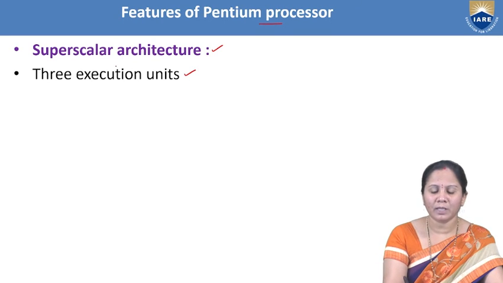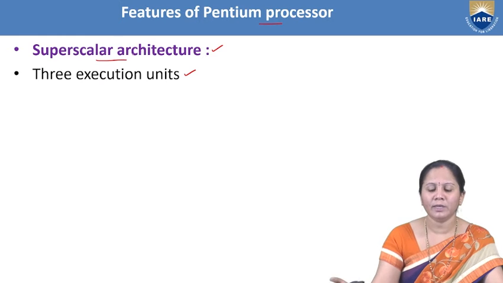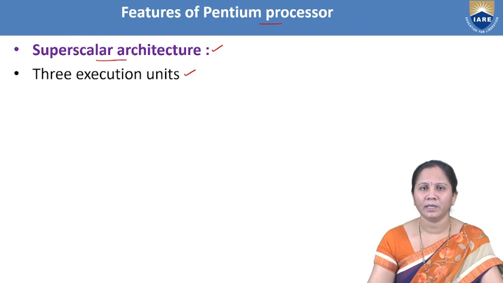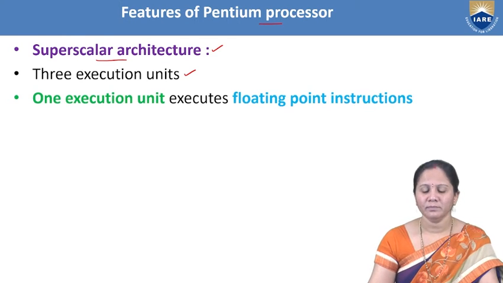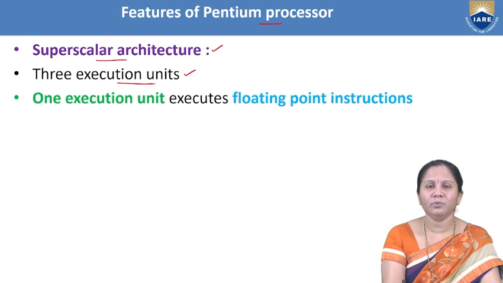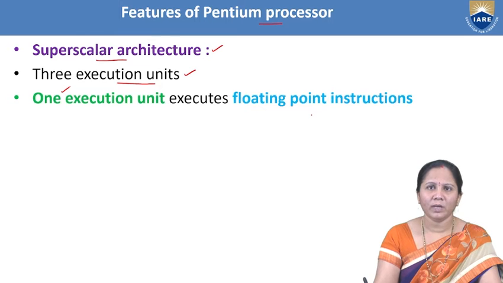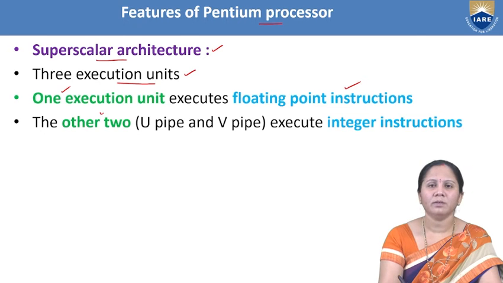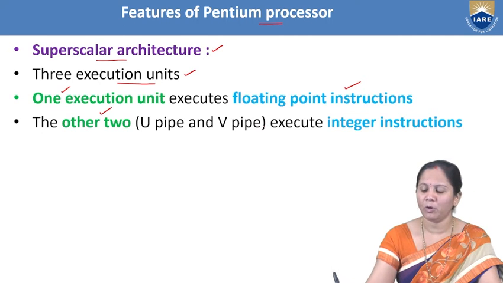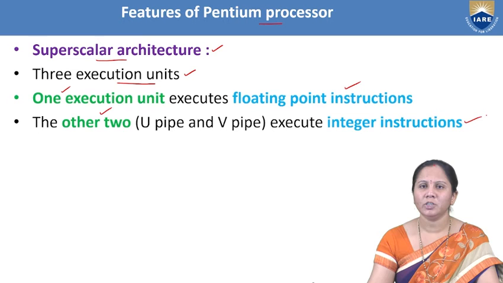That is why, from the architecture point of view, we call it a superscalar architecture. Among the 3 execution units, one executes the floating point instruction, whereas the remaining 2 perform operations on integer instructions.